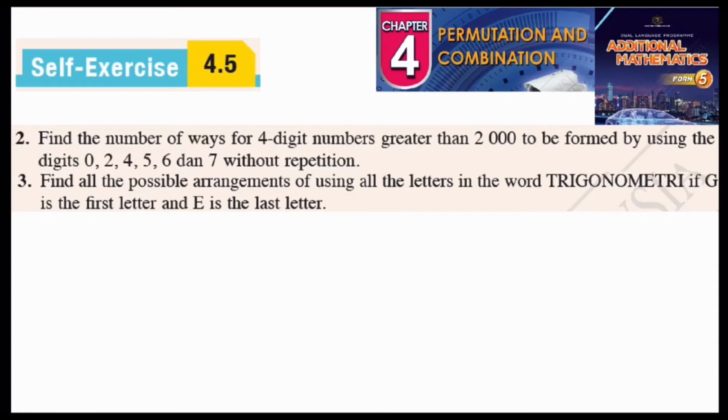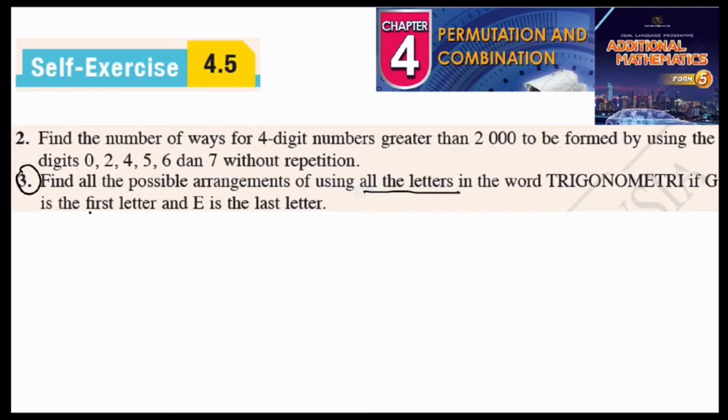Find all the possible arrangements of using all the letters in the word trigonometry if G is the first letter and E is the last letter. So question number 3 is also permutation with a condition whereby we have to use all the letters.